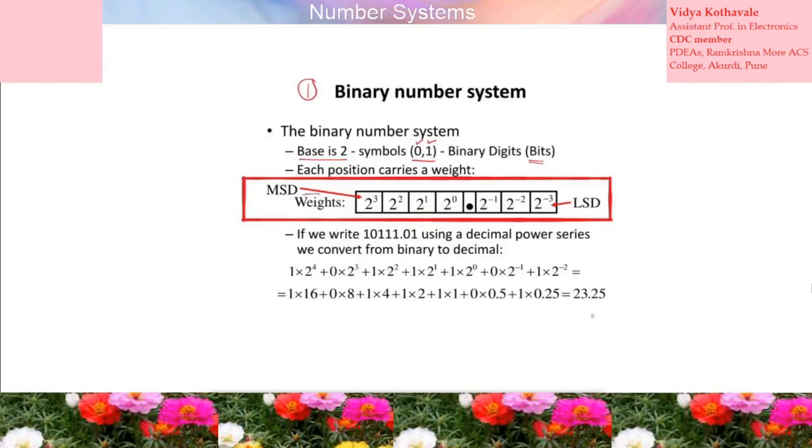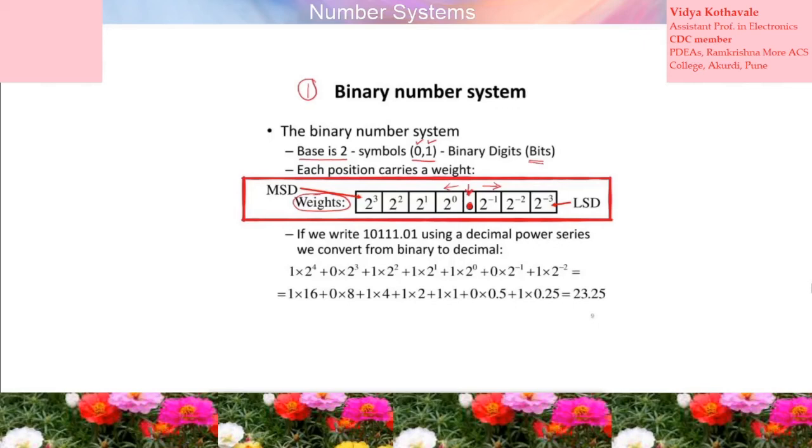Let's focus on the weights in the binary number system. We have the binary point, and then the integer part of the number and the fractional part of the number. The weights are as follows.